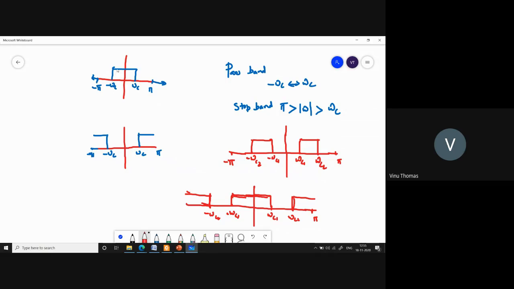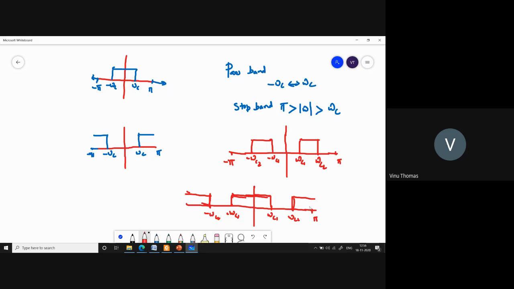So obviously low pass filter can be designed. But the high pass filter cannot be designed because for the type 2 filter, the frequency response becomes 0 at omega equal to plus pi and omega equal to minus pi, right? And for the band pass filter also, it seems to be okay because it can reduce to 0 at plus pi and minus pi.